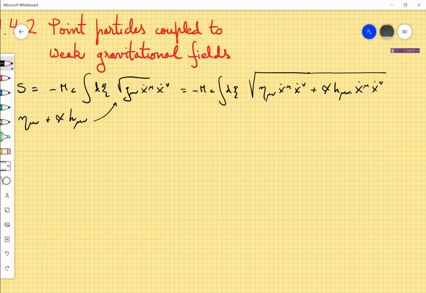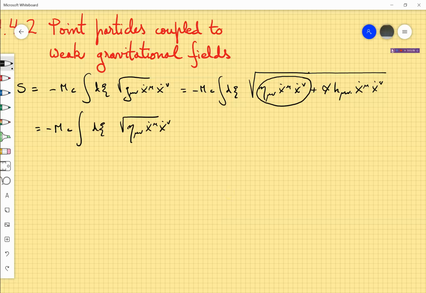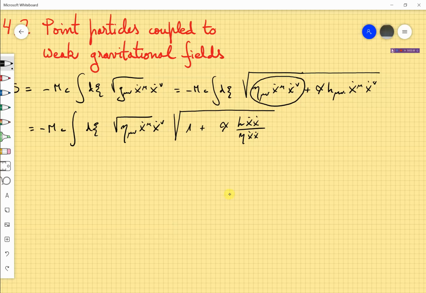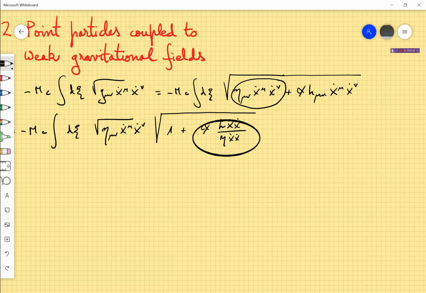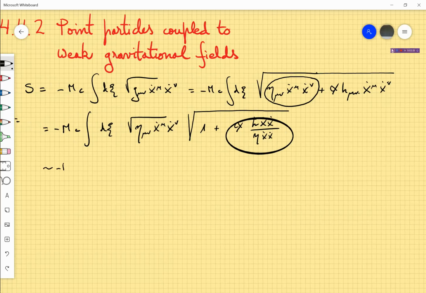Okay, in order to expand this square root, we extract this first term as a common factor, and then let me put this in this form, and if this is small with respect to 1, we can expand this square root in this form.